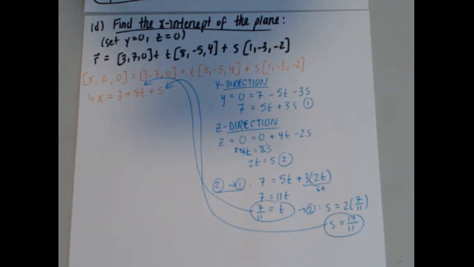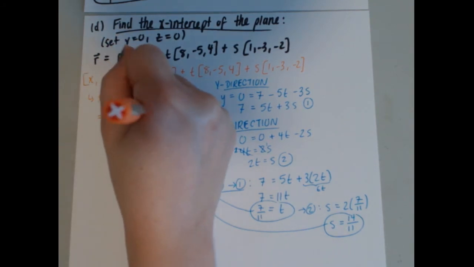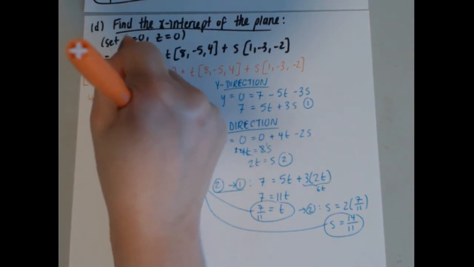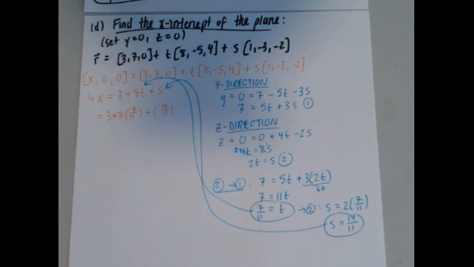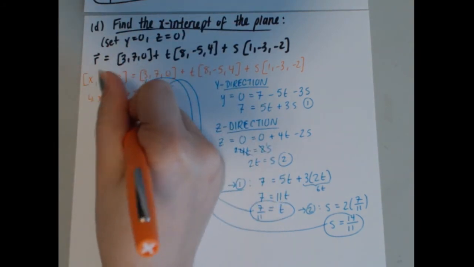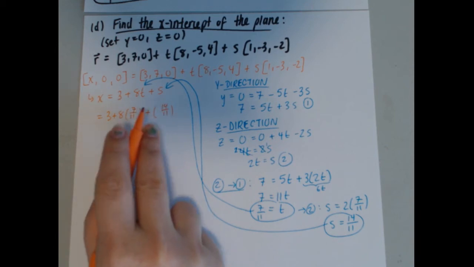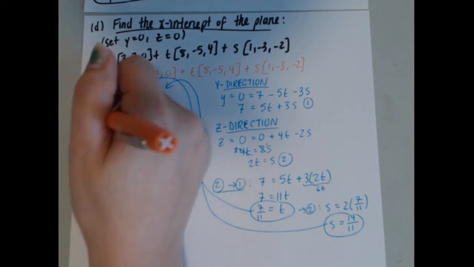So x is equal to 3 plus 8t plus s. t is 7 over 11, and s is 14 over 11. 8 times 7 is 56. 56 and 14, because you have a common denominator of 11, makes 70.